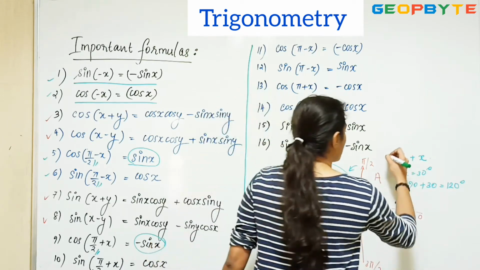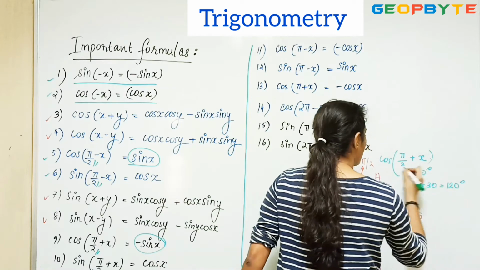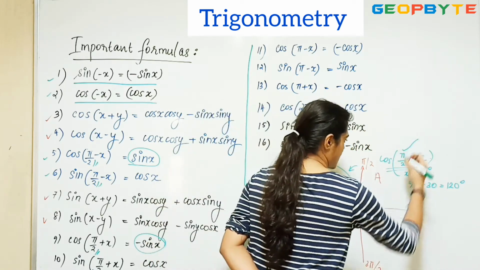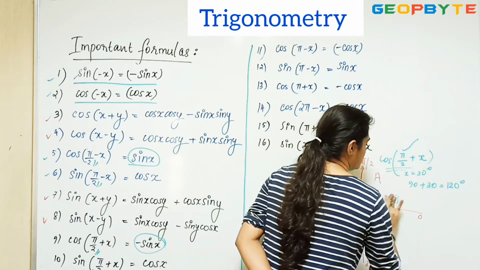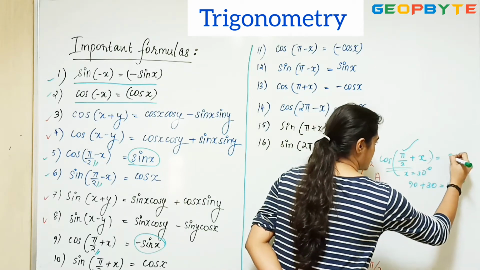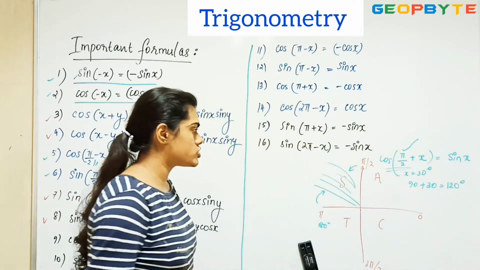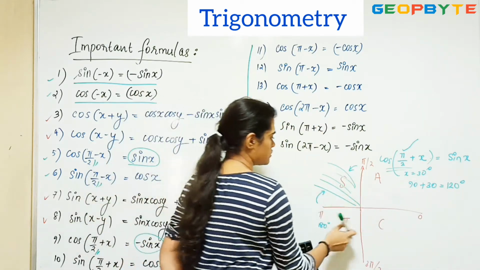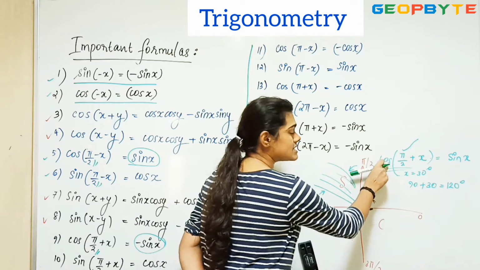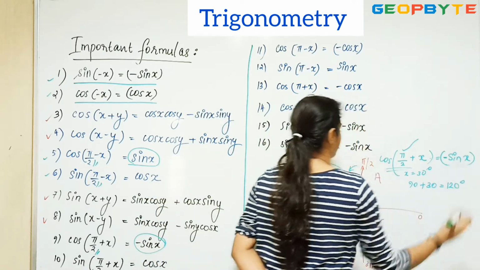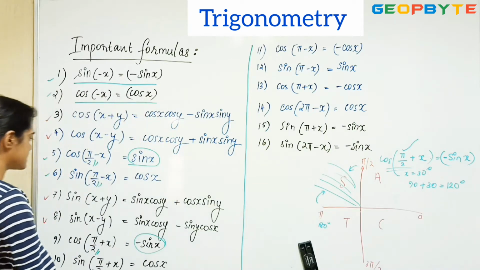We are taking cos of this angle, so it should be complementary because it's 90 degrees. Then it should be sine, but we have to put the sign according to the ASTC rule. Here cos is negative. So we have to put minus sin x. I hope that is clear.